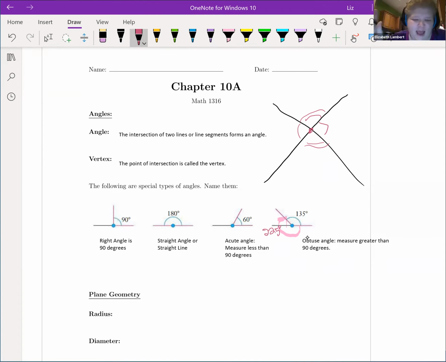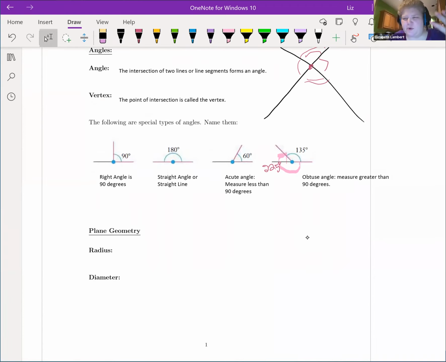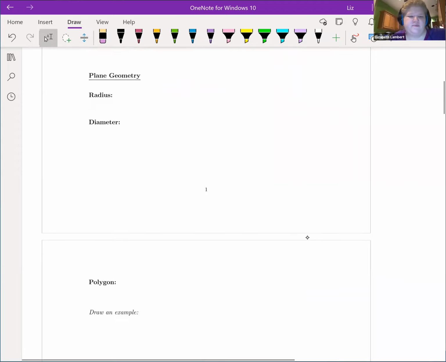Not the kind of thing they'll ask, but usually we reserve obtuse for between 90 and 180, and acute is between 0 and 90. Technically you can even talk about negative, but we're not going to get that crazy. I'm just throwing it out there in case your brain has that vague memory that this was a thing. Yes, it was a thing. But otherwise, you don't need to know it for this.